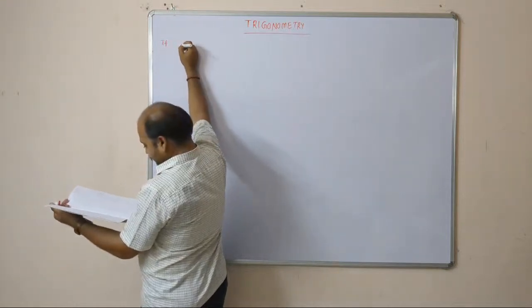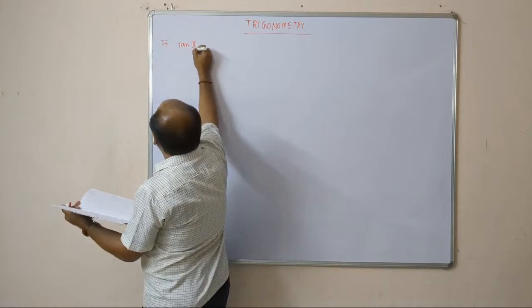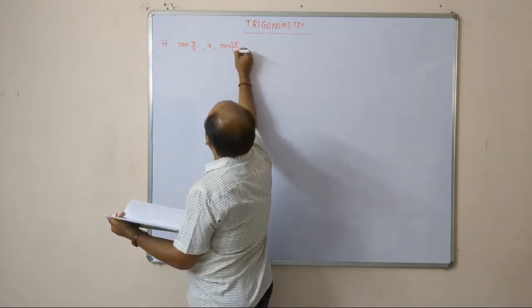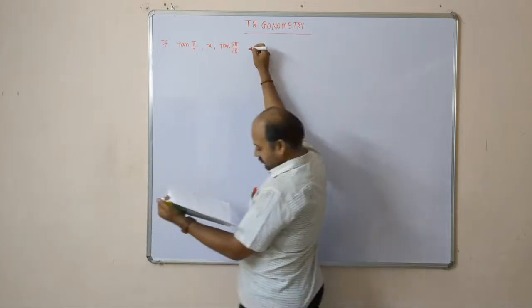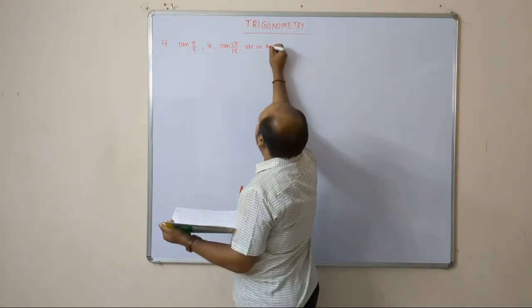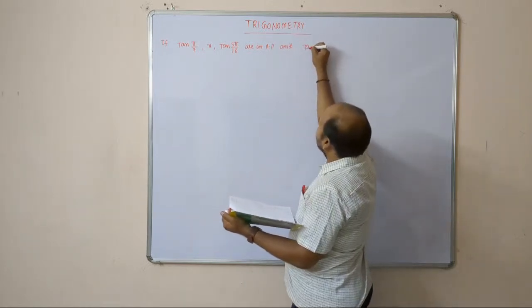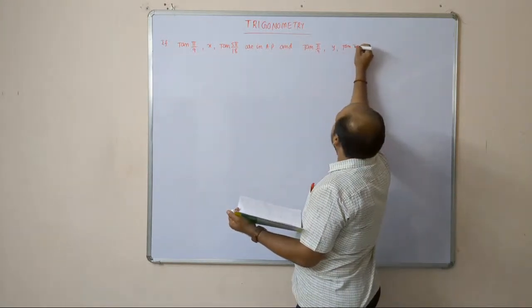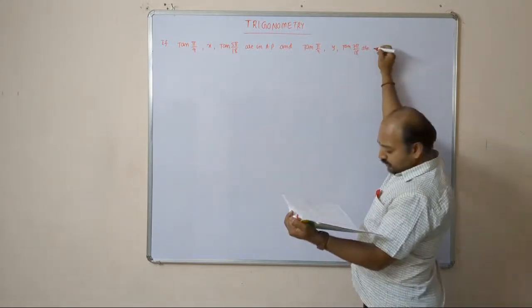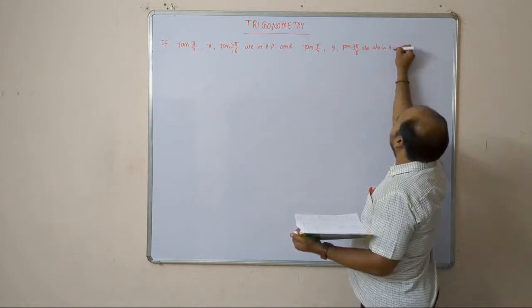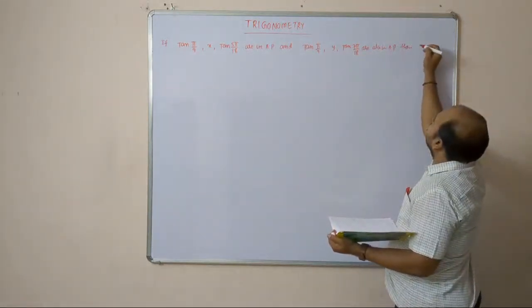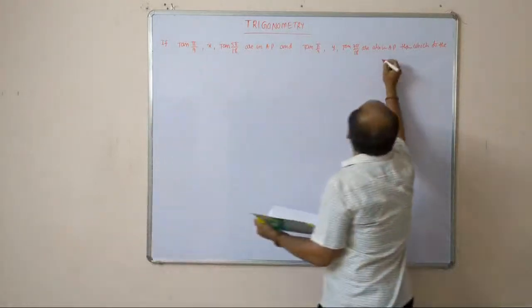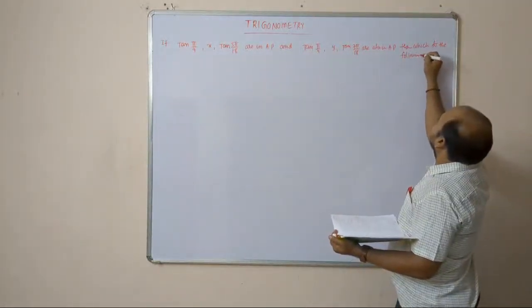If tan pi by 9, x, tan 5 pi by 18 are in AP, and tan pi by 9, y, tan 7 pi by 18 are also in AP, then which of the following statements is true?